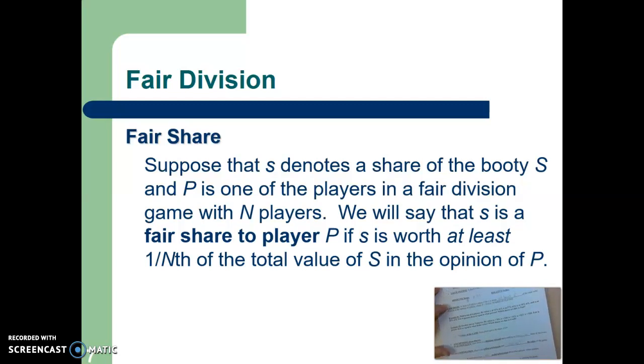Because there are 4 players, what would be deemed fair? Well, they should each get at least, in their opinion, 1/4, which is 0.25, which is 25%, is it not? So to be fair, they need to get 25%.